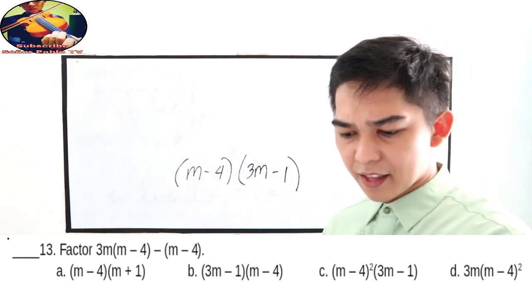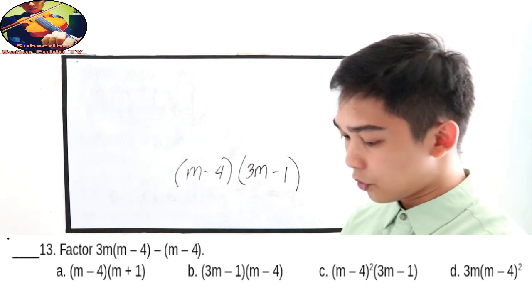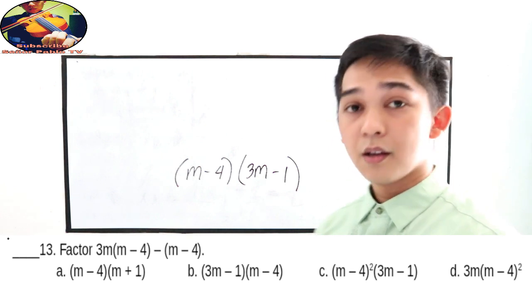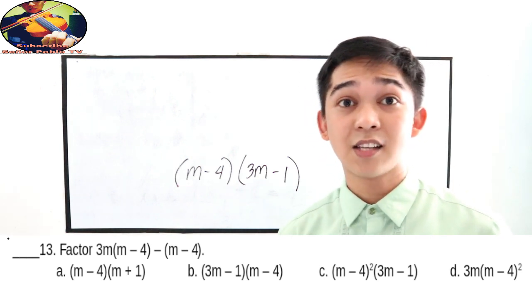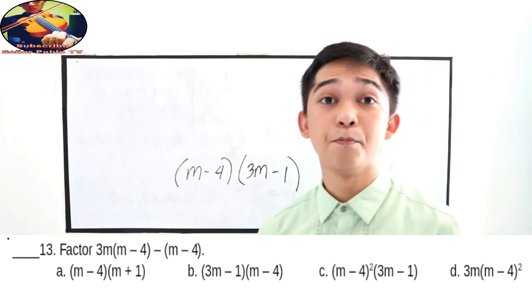So, anong letter yan? 3m minus 1 tsaka m minus 4. Letter B, as in ball. Number 13 is B.